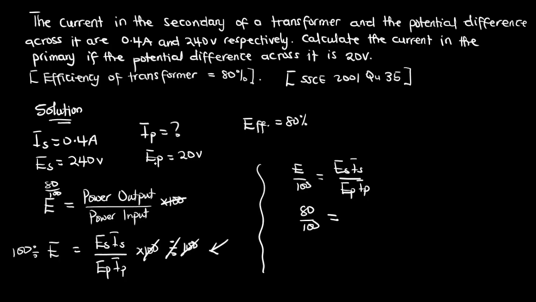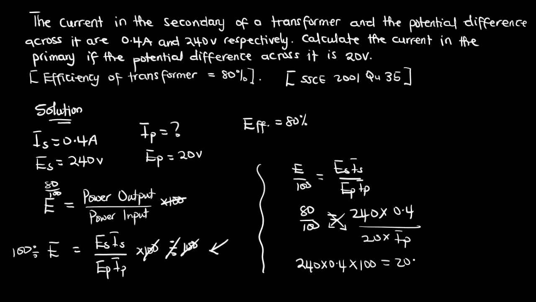So this is equal to the ES, which is 240, multiplied by the IS, which is 0.4, over the EP, which is 20, multiplied by IP. All right, so here I cross multiply. So I have 240 multiplied by 0.4 multiplied by 100 is equal to 20 multiplied by IP multiplied by 80.